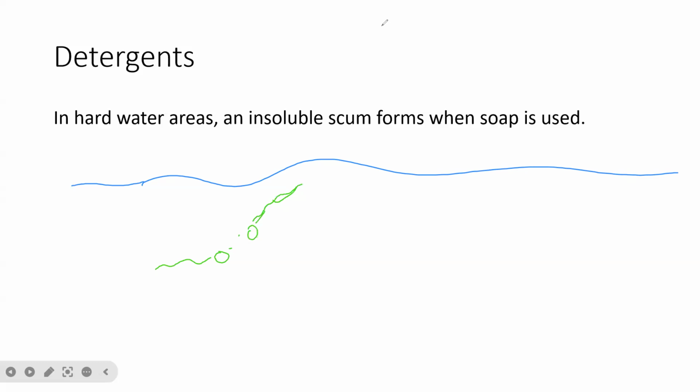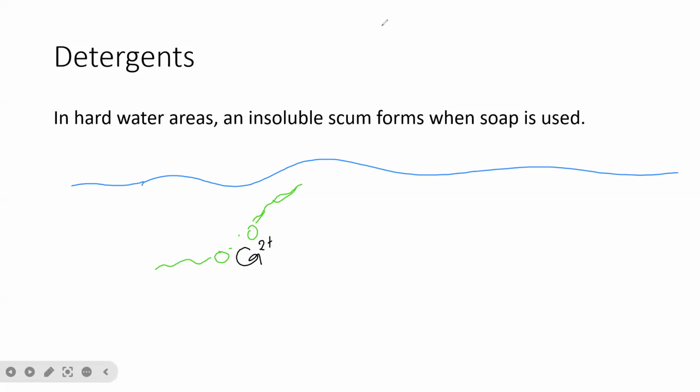But these molecules, instead of doing some cleansing action, instead of going to bury their tails in grease, they interact with calcium. This is calcium, Ca2 plus, to form a new salt that is not soluble in water. Kenechiko, are you there? Yes, I'm there.